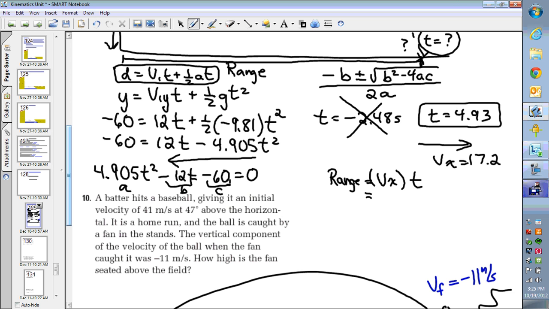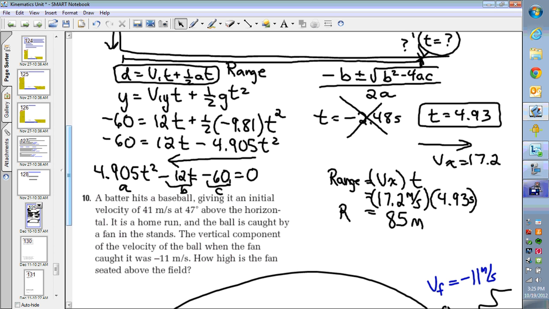Speed times time would give us the distance: 17.2 meters per second, and it did that for 4.93 seconds. Multiply those two together and you get a range of, when you round it off, 85 meters. That's the x distance or the range. So it travels 85 meters over.